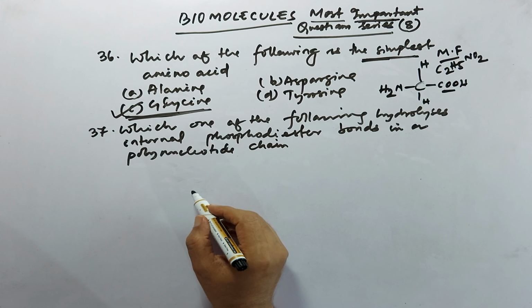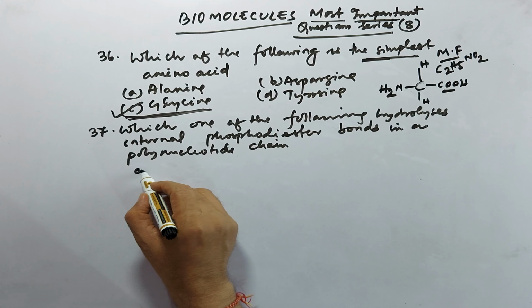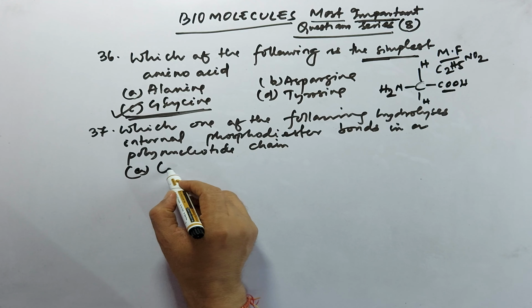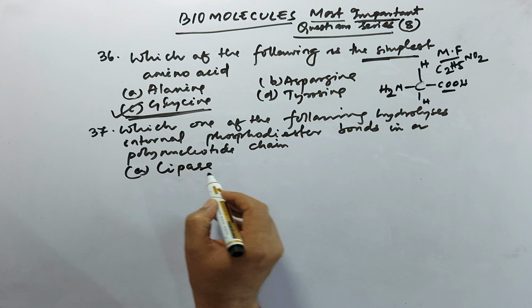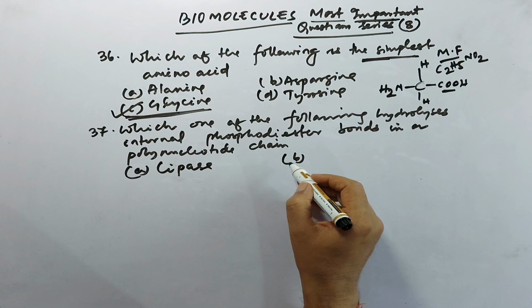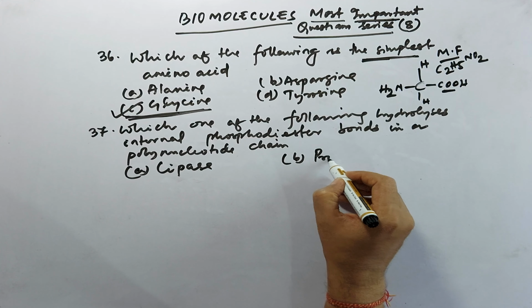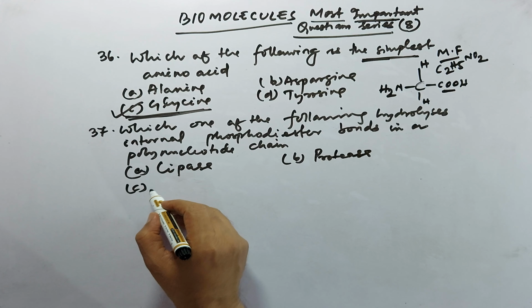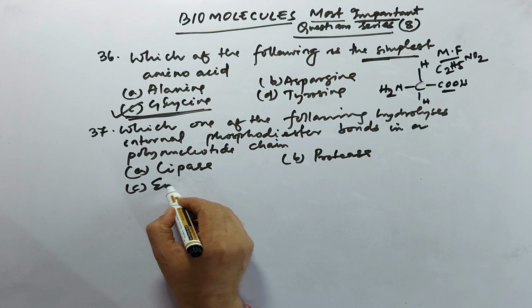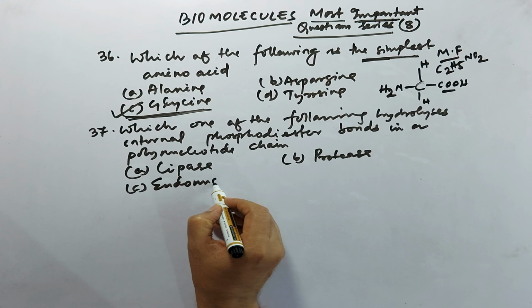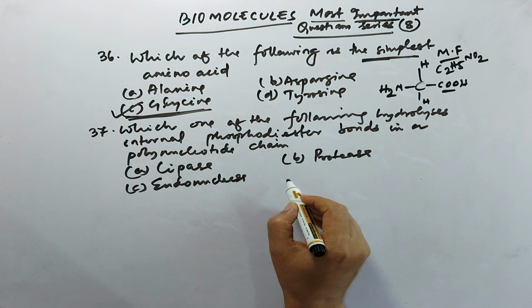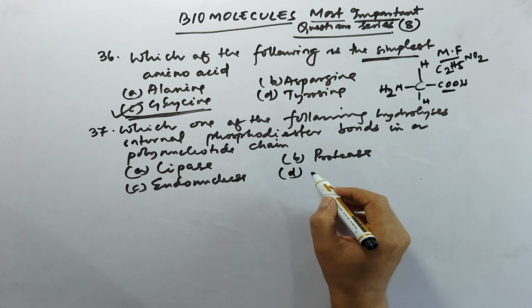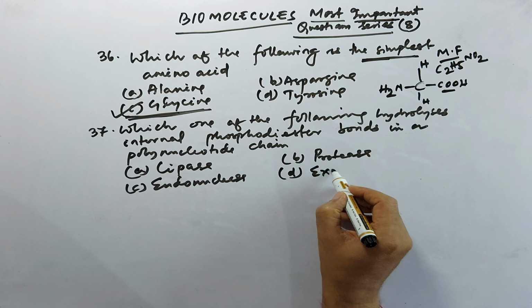So the options are: A, lipase; B, protease; C, endonuclease; and D, exonuclease.